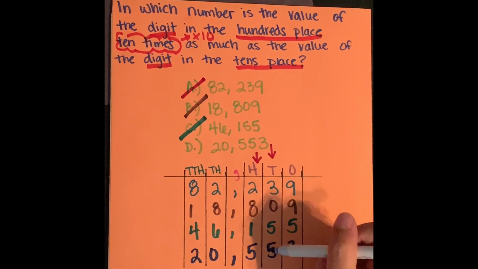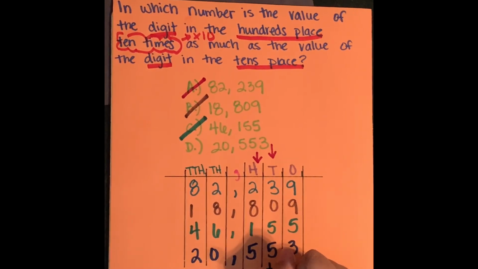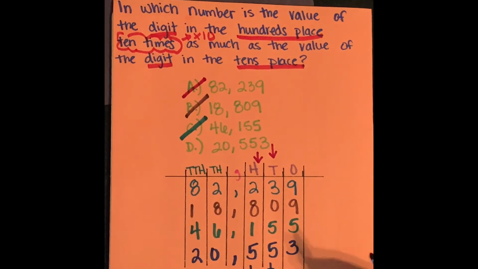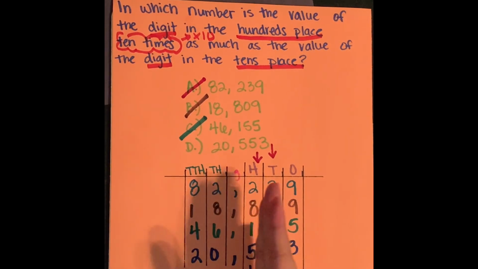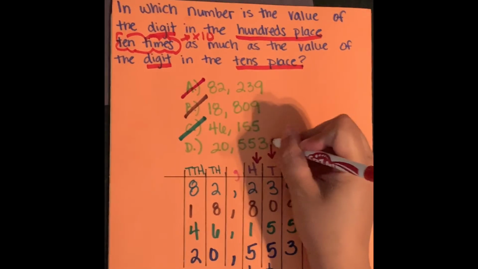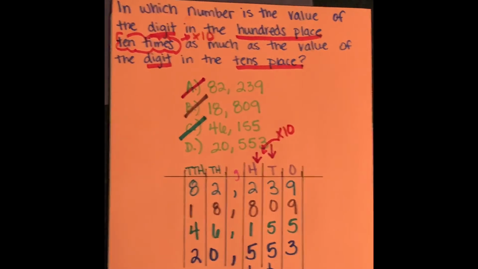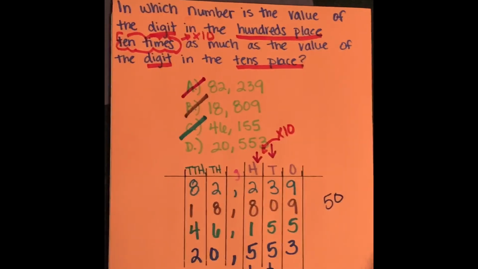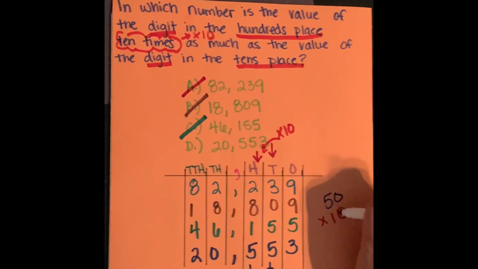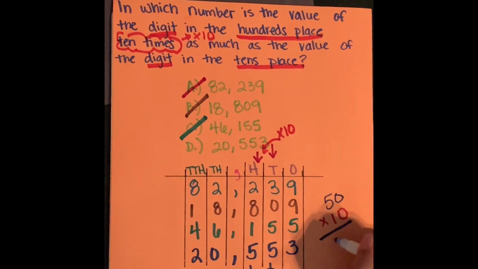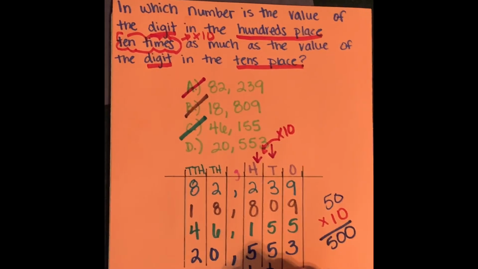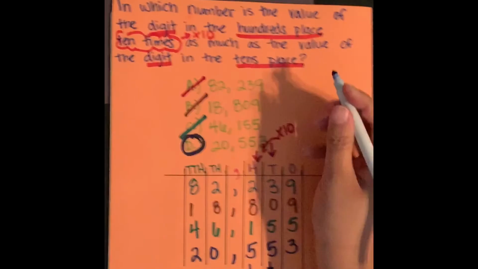So if we look at this, this 5 has a value of 50. And this 5 has a value of 500. If you remember, when we moved to the left, it was 10 times. So let's work it out. We have 50 times 10, which gives us 500. Because it's the same number, D is our answer.